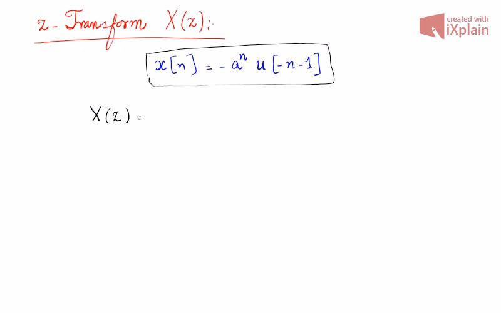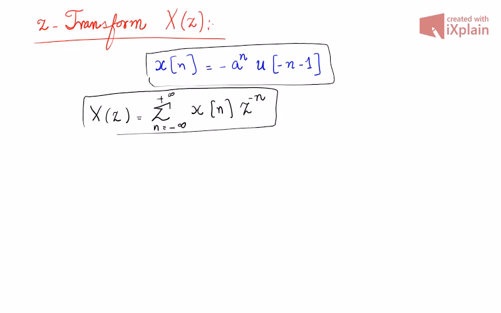X of z, which is the summation from n equals minus infinity to plus infinity, x of n z to the power minus n. So we have to evaluate this summation, which defines the z transform for the discrete sequence x of n.